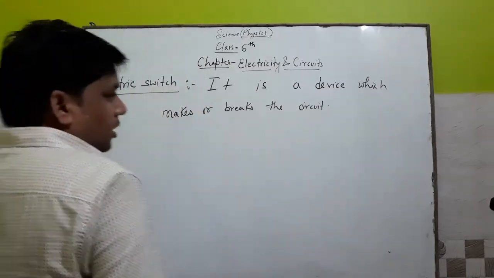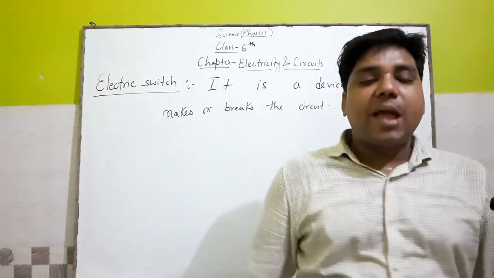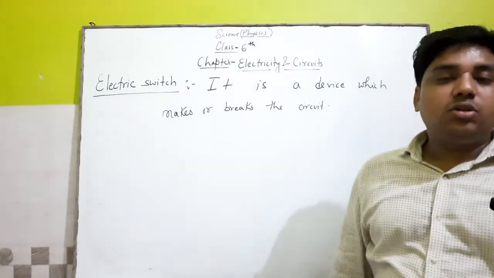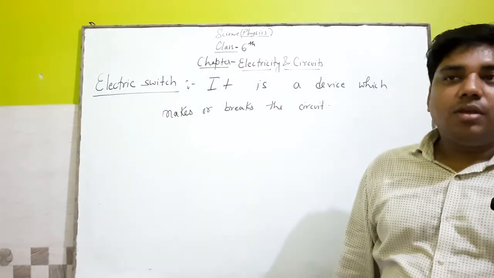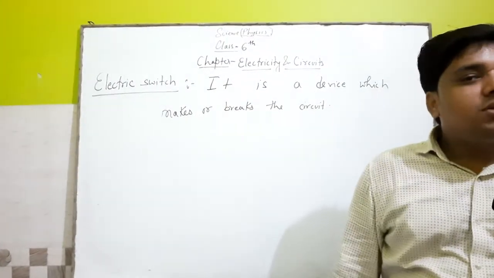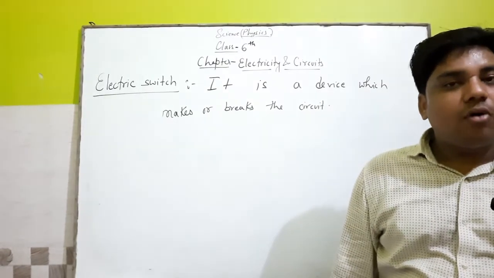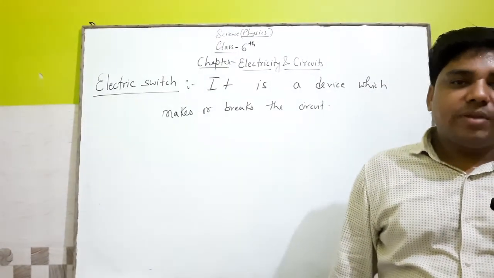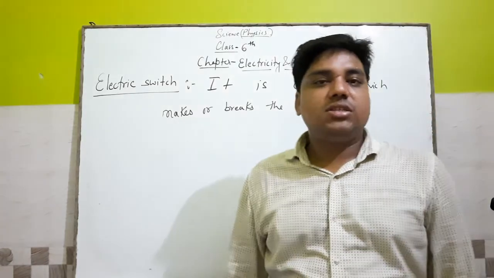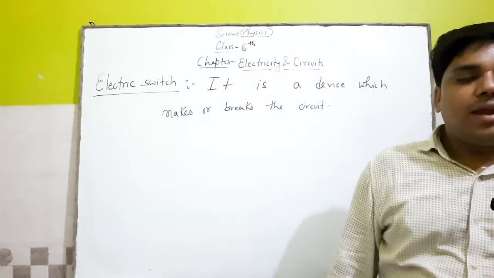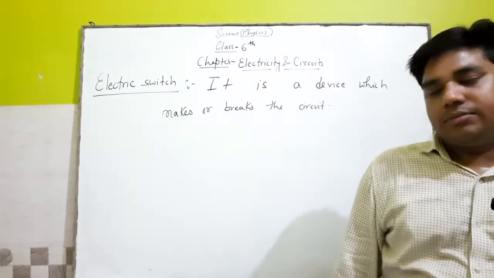Clear? In the market there are so many types of switches, and every switch has the same function. Simply, it makes or breaks the circuit. Clear? Means it can switch on and it can switch off.